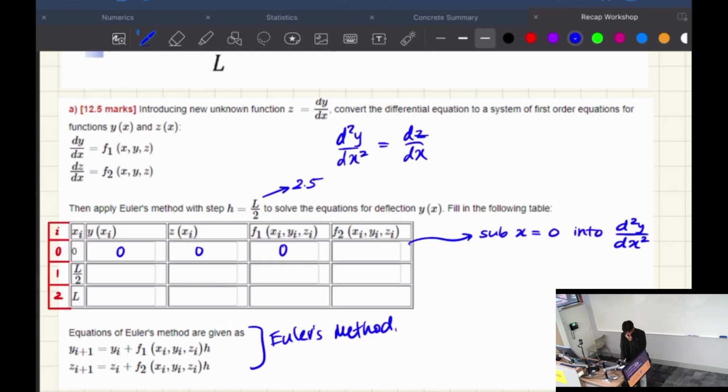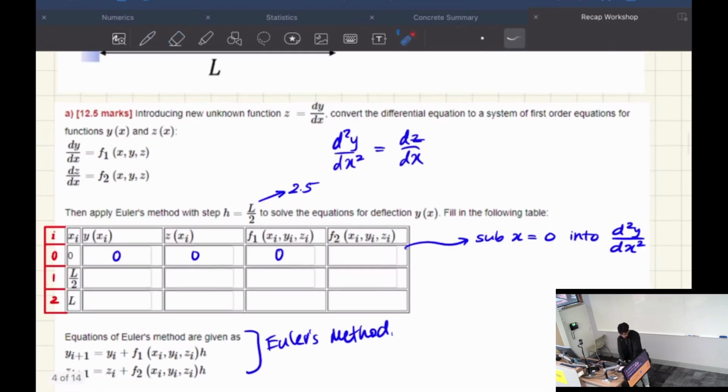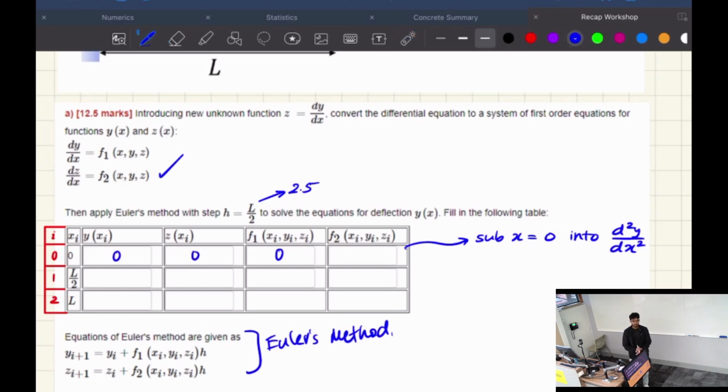Okay. How about f2? What is f2? You said dz on dx, true. So this one over here. What is dz on dx equal to? d squared y on dx squared.